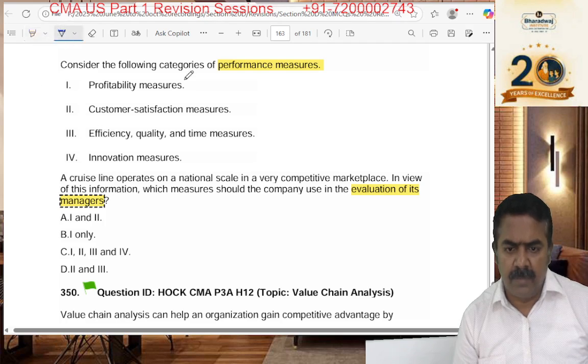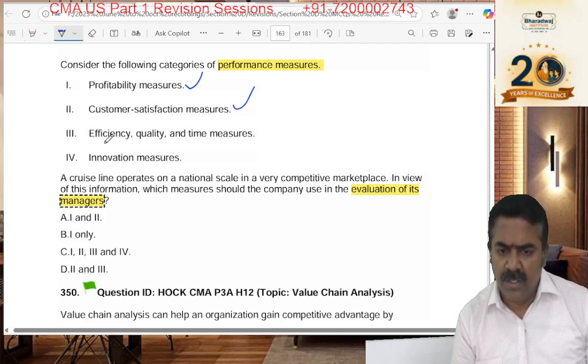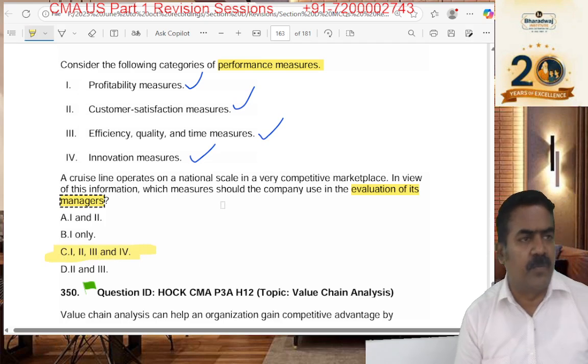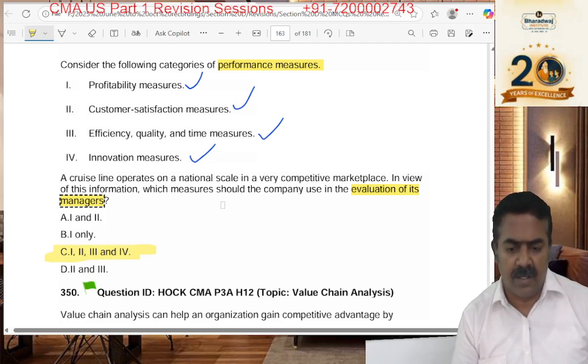For evaluating the manager, profitability measures we will use, customer satisfaction measures we will use, efficiency, quality and time we will use, innovation also we will use. We are evaluating which one? The managers. I hope it is all. To evaluate the manager, we will see both profitability as well as what? Non-financial parameters.